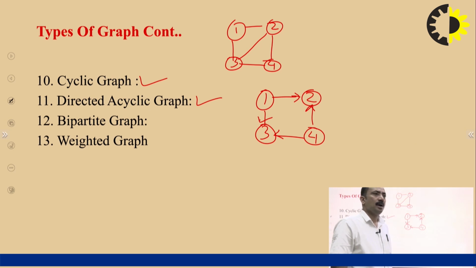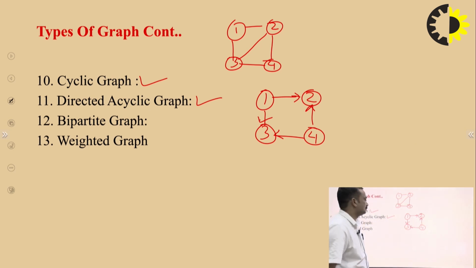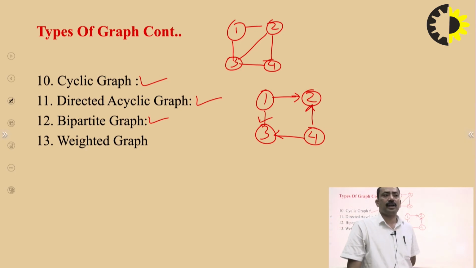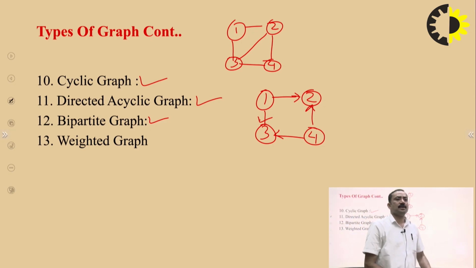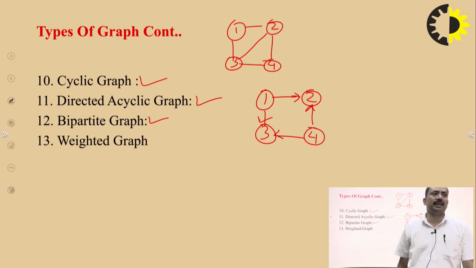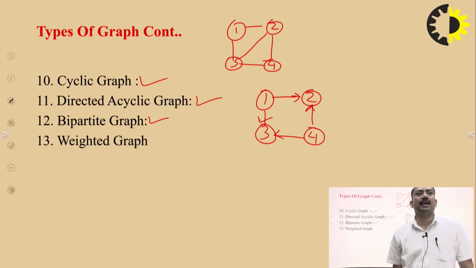Then we have a bipartite graph, a graph in which vertices can be divided into two sets such that vertices in each set do not contain any edge between them.